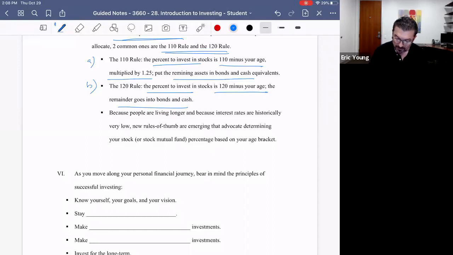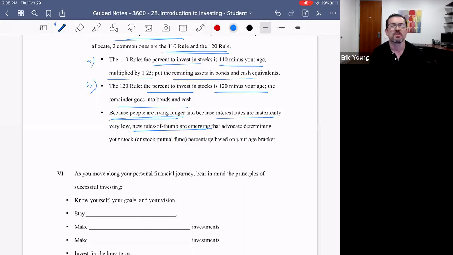But here's the thing. Because people are now living longer, and especially because in today's environment interest rates are really low, a lot of the rules of thumb are being challenged, or they're evolving. We're getting new rules of thumb emerging. A lot of these new rules of thumb don't go by your specific age. They go by your age bracket and your life phase.